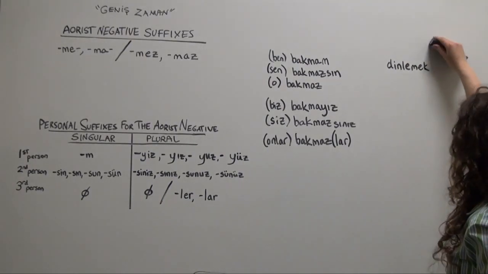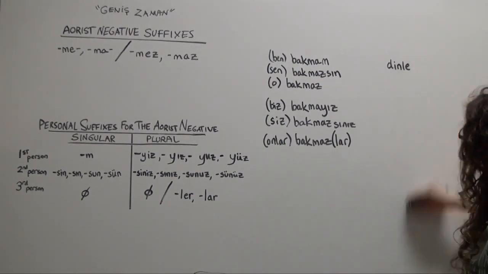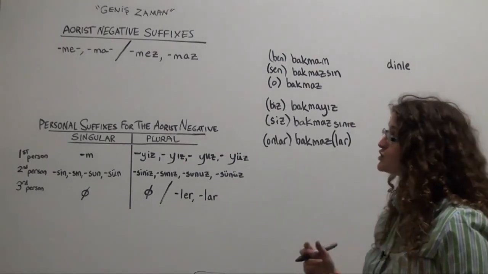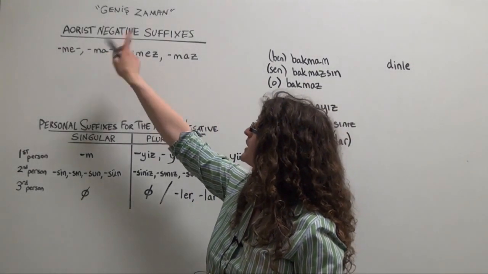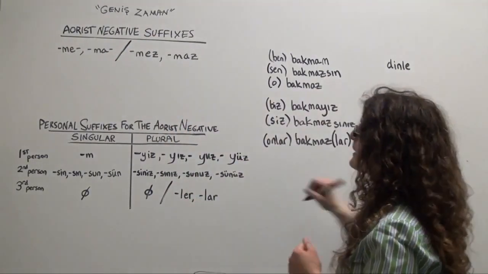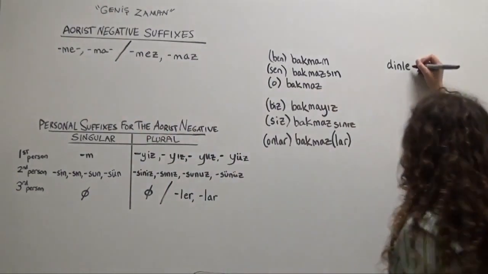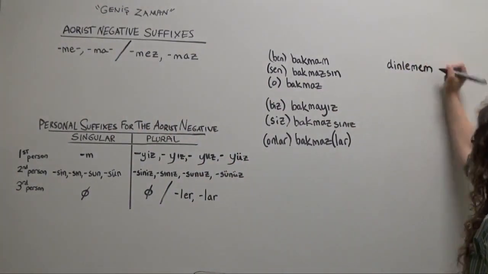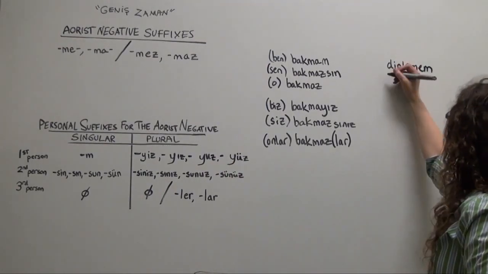We want just the stem, so we drop the infinitive ending, dinle, and now we'll simply choose the appropriate aorist negative suffix. This is first person, ben dinleme, and now the personal suffix, ben dinlemem, I don't listen or I won't listen.